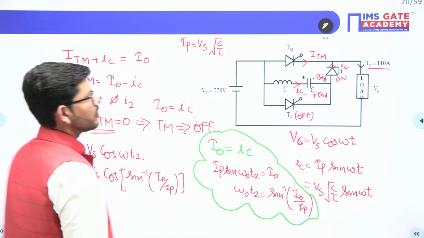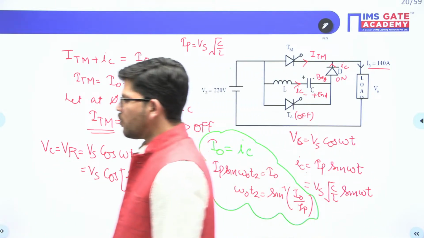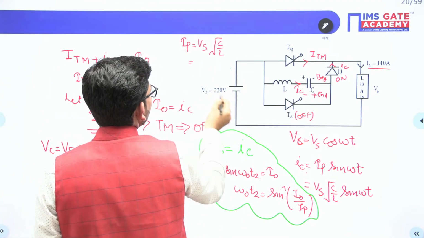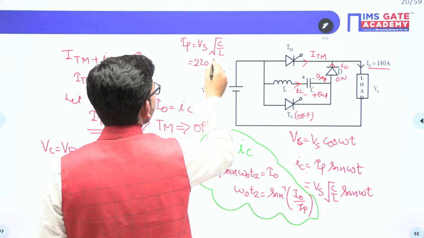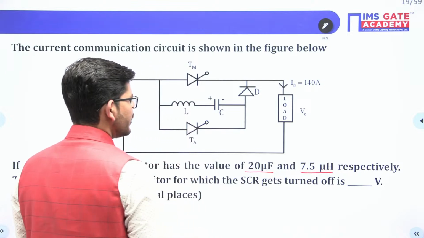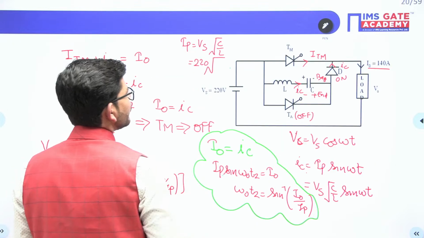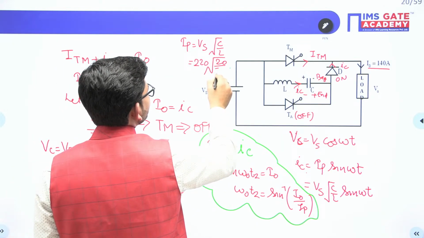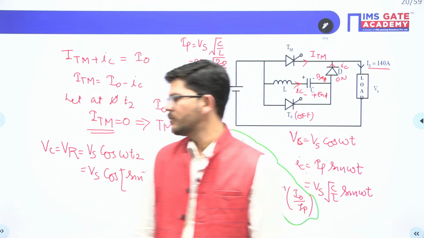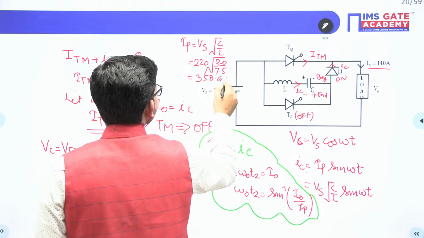So what you have to do right now is put the values and get the answer. What will be the value of IP if you put here? IP you can calculate: Vs is 220 and under root C by L. Both C and L are given to us. C has a value of 20 microfarad and L has a value of 7.5. So 20 upon 7.5, because both are in microfarad and microhenry, that will cancel, so I am not writing that, and you will get 358.6 ampere here.